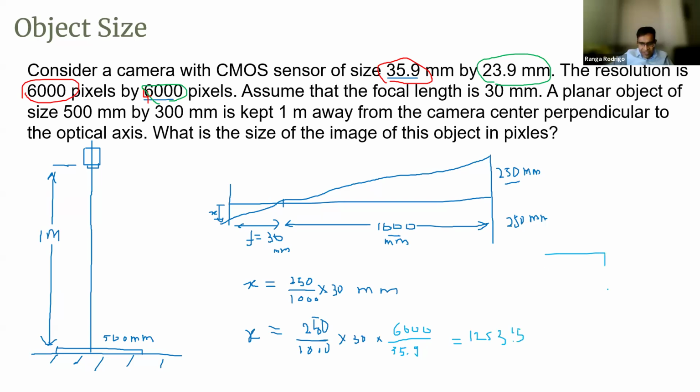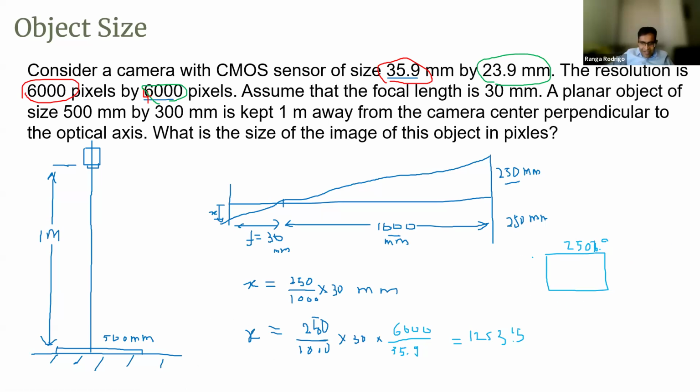Actually, that is only half of the object, no? X is half of that. So you have to multiply by 2, then we'll get 2506.9 pixels. Okay, let me call it 2507.